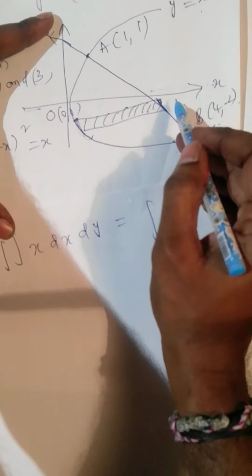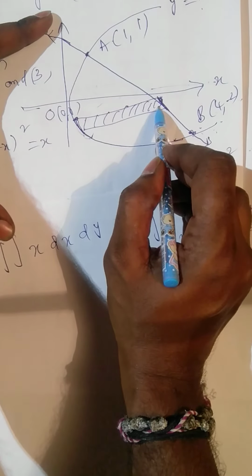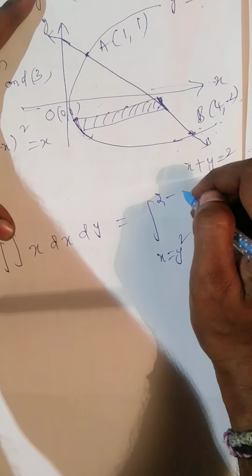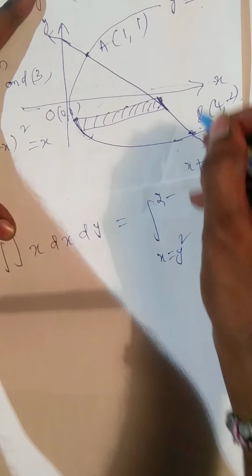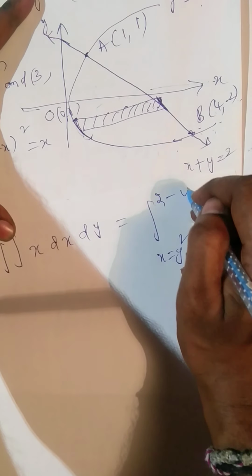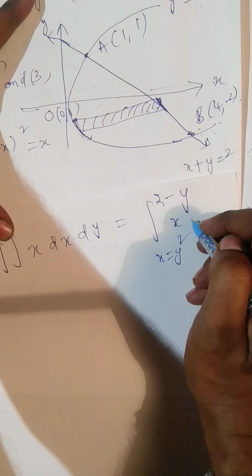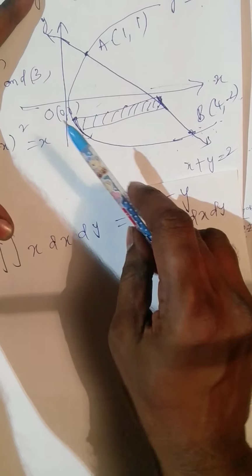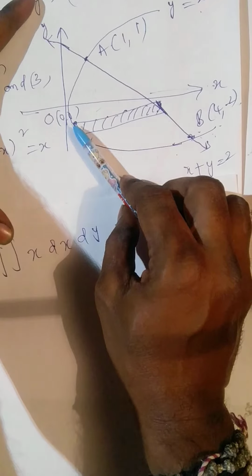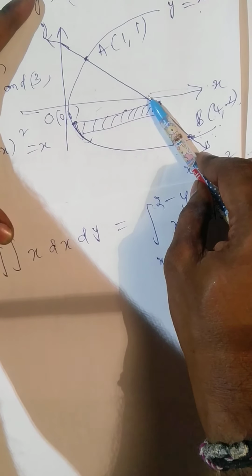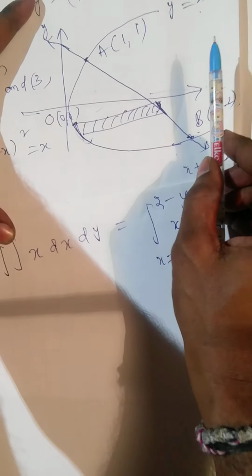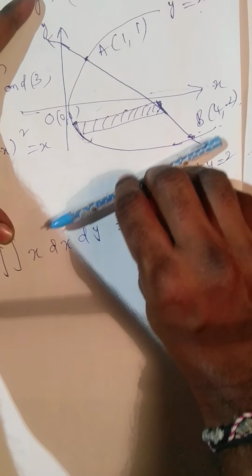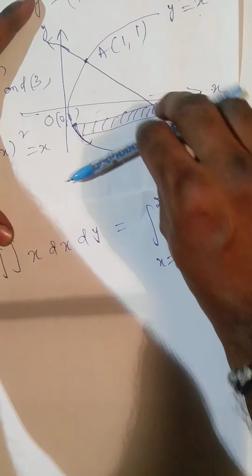The upper limit is on the straight line, x equals 2 minus y, so we have x dx dy. These are the limits for x, lower and upper. Now we have to take the y limits. What are the y limits here? The y limits are minus 2 to 1.